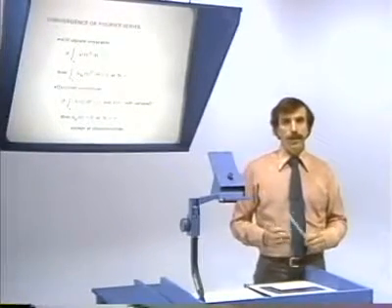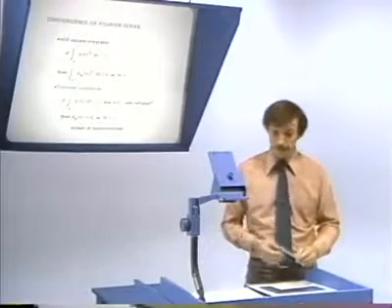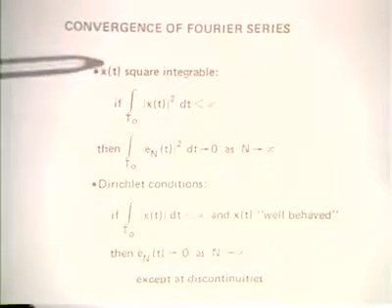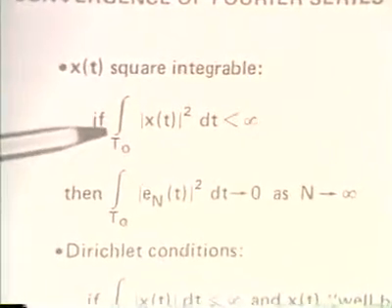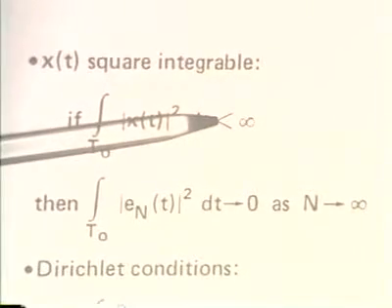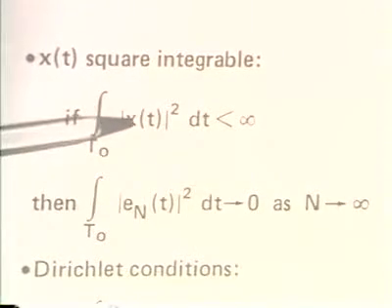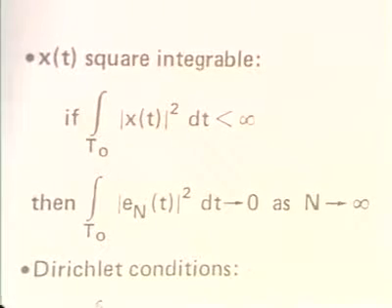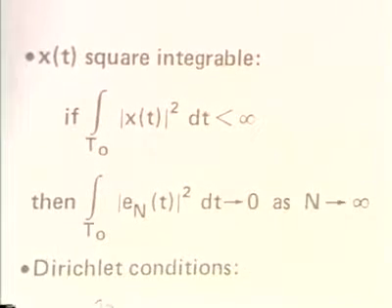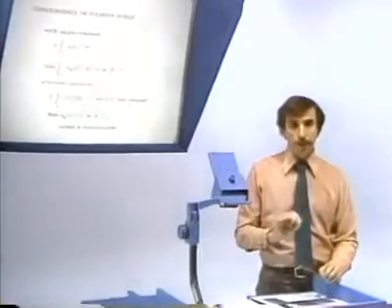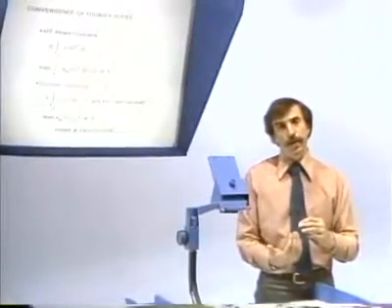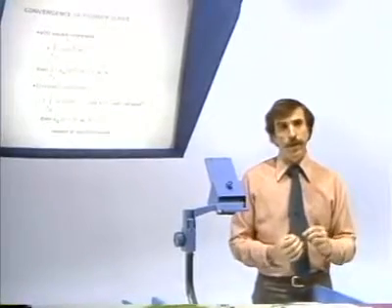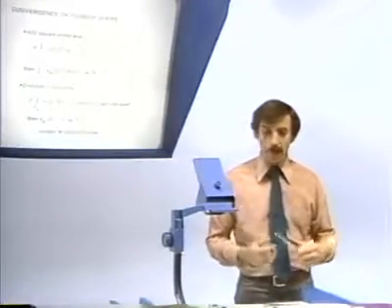One statement related to convergence of the Fourier series is the following. If I have a time function which is square integrable, namely its integral over a period is finite, then what you can show, kind of amazingly, is that the energy in that error, in other words, the energy in the difference between the original function and the partial sum, goes to 0 as n goes to infinity.